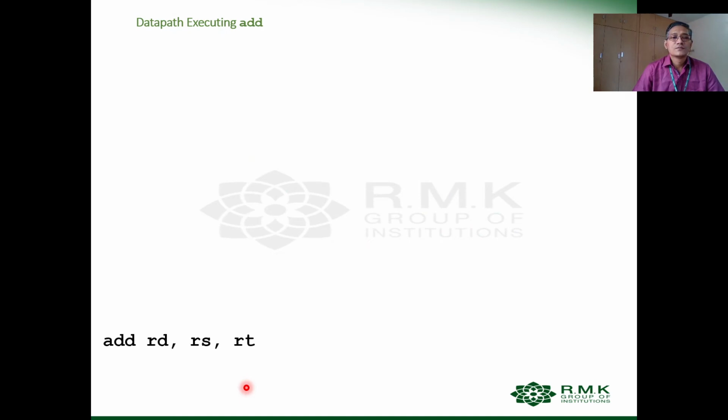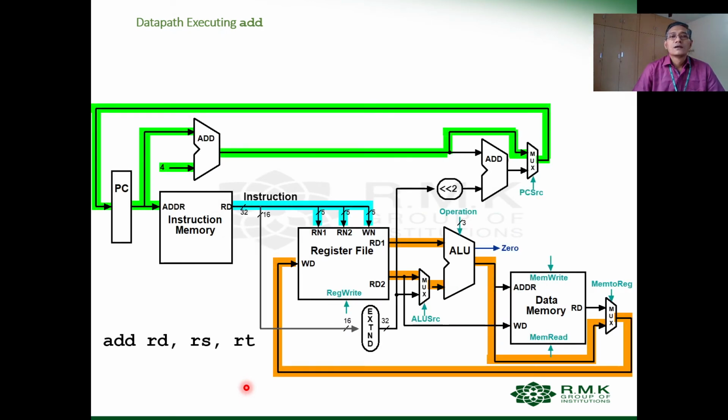This is the example for executing the data path, showing which functional components are utilized while performing the addition. From the PC, the processor is fetching the instruction. Automatically PC equals PC plus 4 is performed.